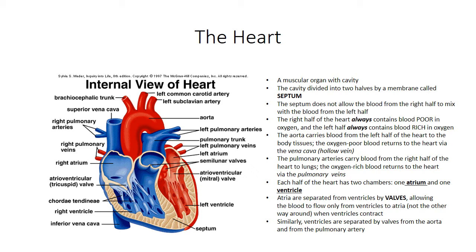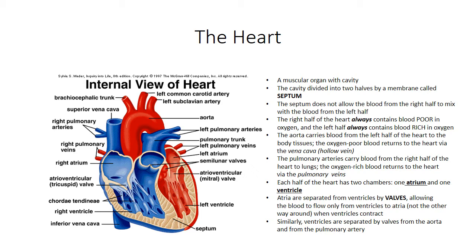So there's a trick, always just to never get confused. Begin from the beginning, and beginning from you is the left half of the heart. And from there, you know that there is always oxygen-rich blood there. From there, the aorta carries it to the body systems.